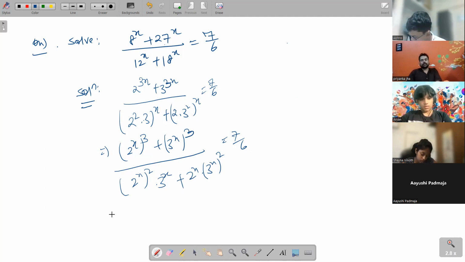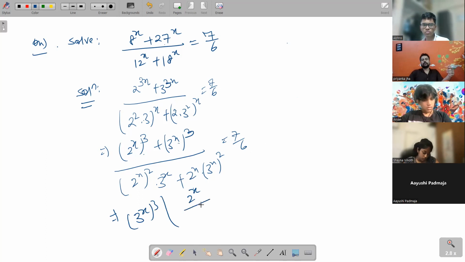Now do one thing. Take 3 raised to x to the power 3 common. So this will come out and this will be like this upon this. So 2 raised to x upon 3 raised to x, to the power 3, plus 1 upon.